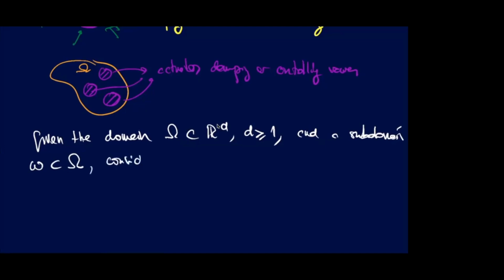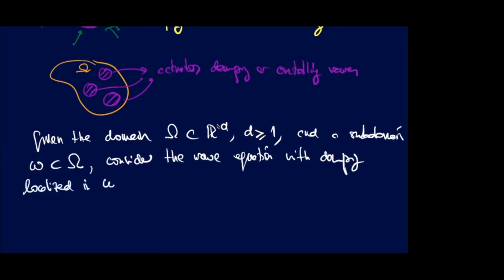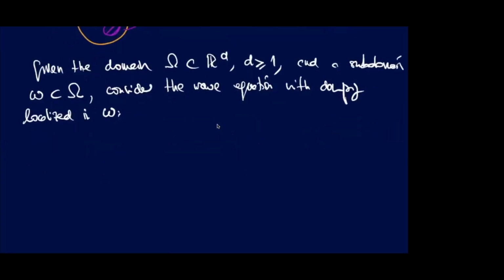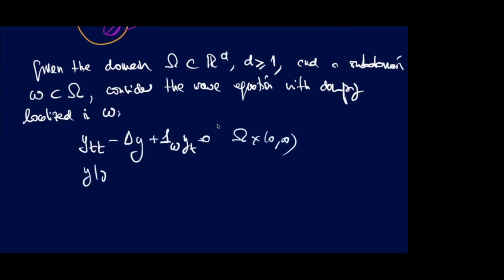We consider the wave equation with damping localized in a small omega, right? So the model will then read y_tt minus Laplacian y plus the characteristic function of the set small omega times y_t equals 0, y on the boundary is equal to 0, with some initial conditions, right?